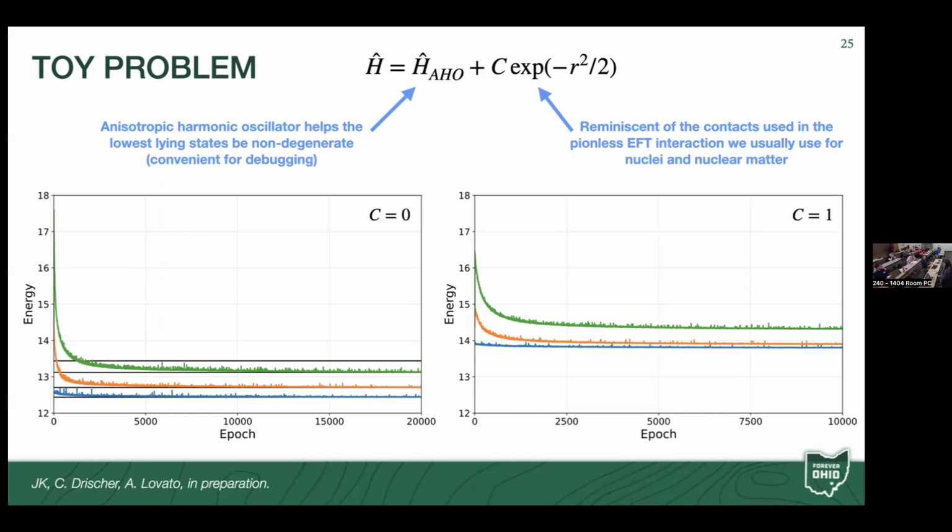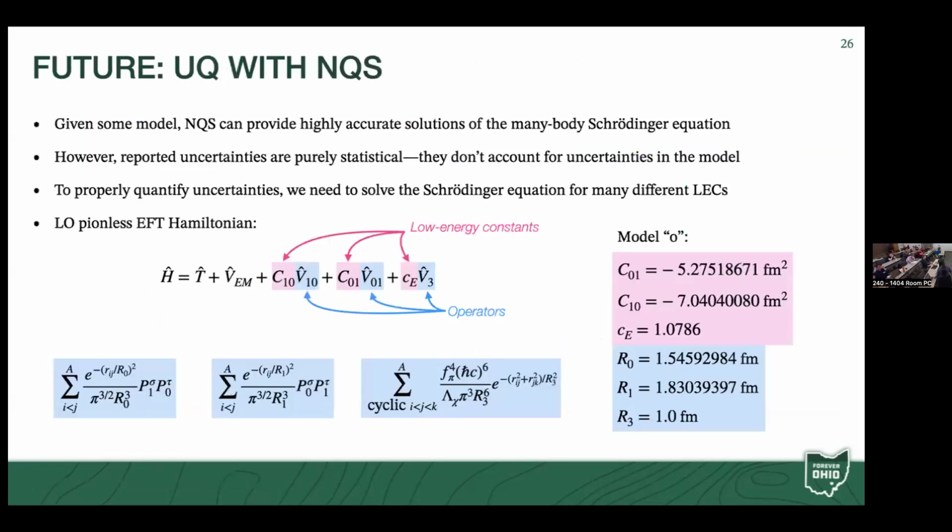And the idea is to then expand this generalized eigenvalue problem to include states, or solutions, from different coupling constants. This will become relevant as we're trying to get more of a handle on our error bars for different LECs that are involved in our Hamiltonian each time.